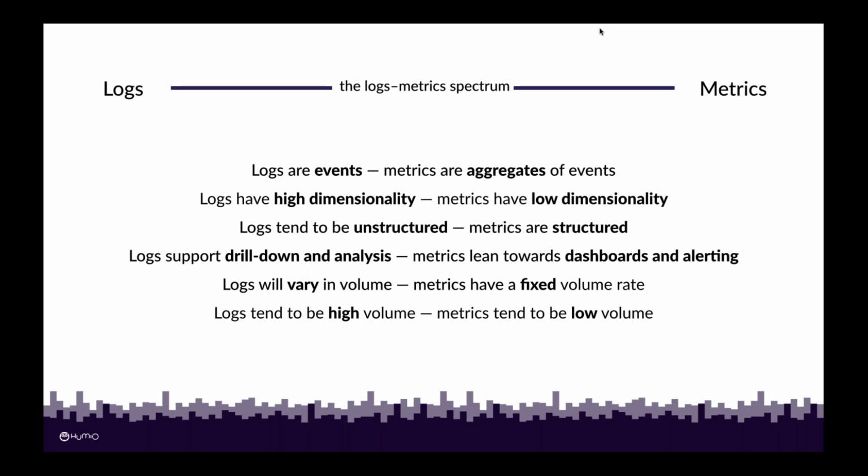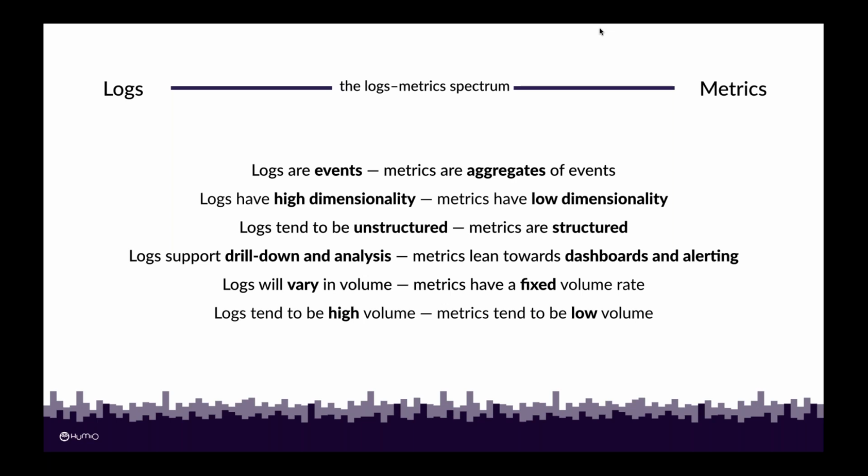So a key notion here is that in terms of observability, people are often talking about logs and metrics, and those two things are actually two aspects of a spectrum, at least in my view.